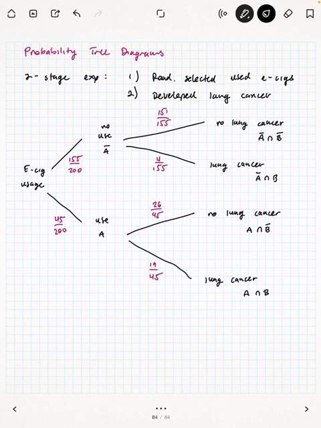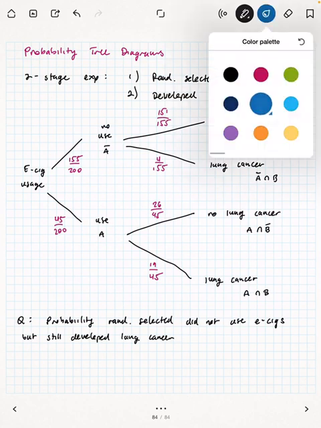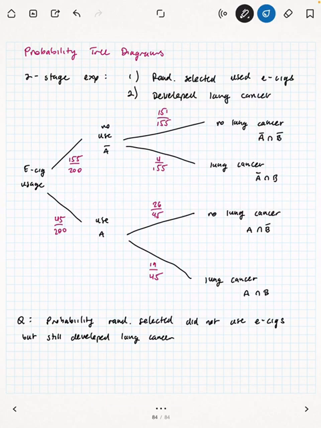So, for instance, question: what's the probability that a randomly selected person both did not use e-cigs but still developed lung cancer?